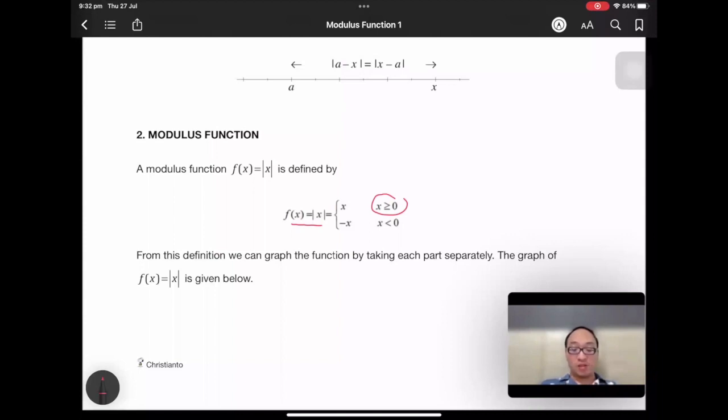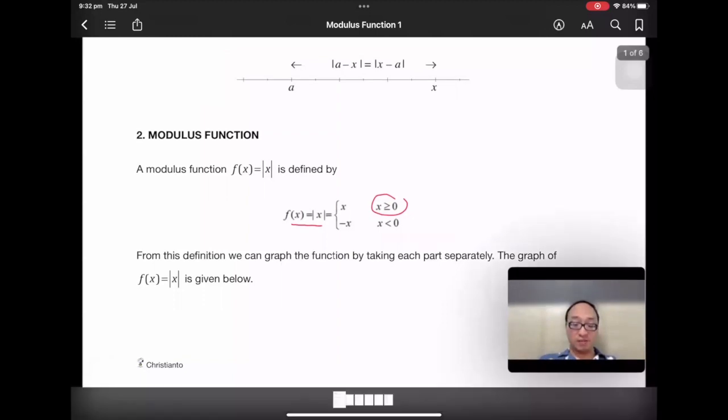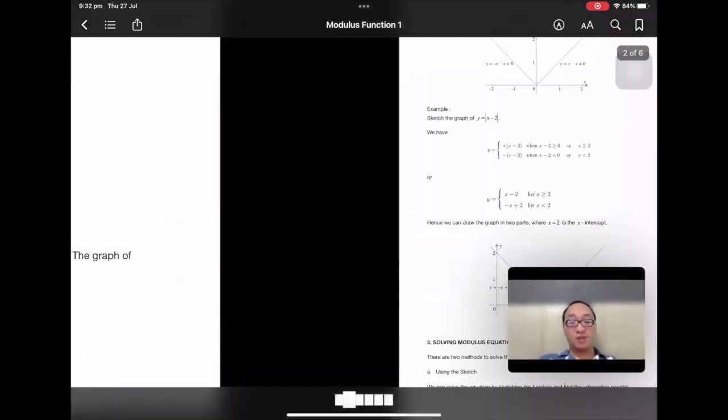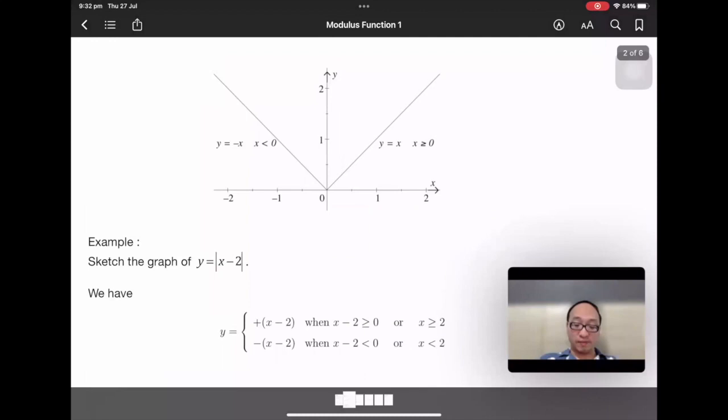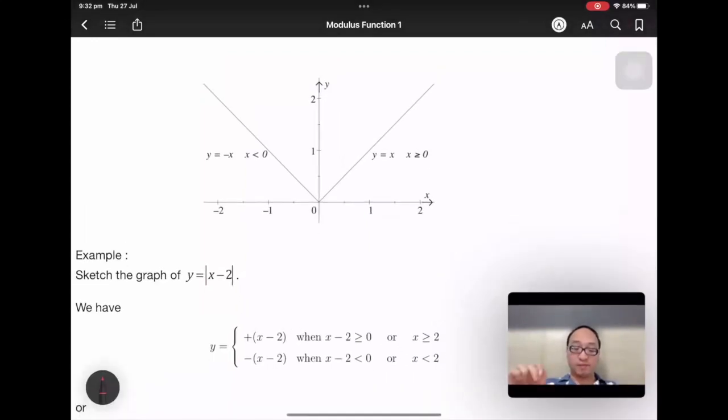So that means if we want to draw the graph of the function, this is f(x) equals the modulus function of x.